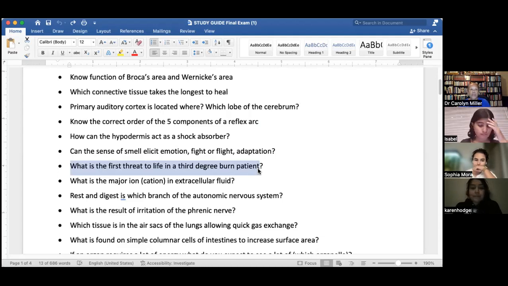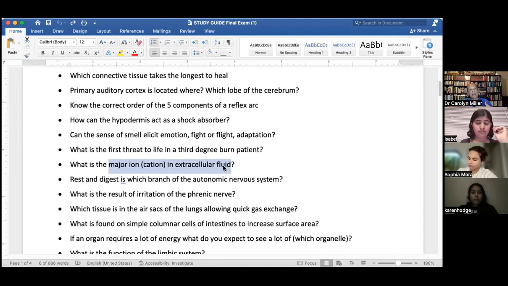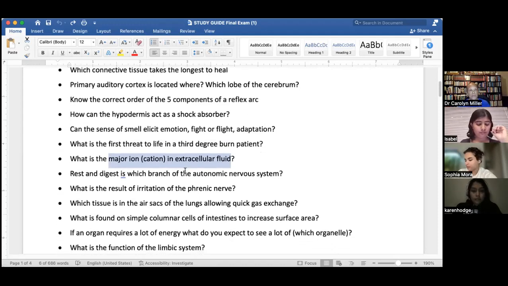So the first threat to life in a 3rd-degree burn patient is electrolyte balance, proper hydration status. The major ion or cation in extracellular fluid is sodium. Sodium active transport, we pump it right back out. It is the major ion. It is positive, so it's the cation that's in our extracellular fluid.